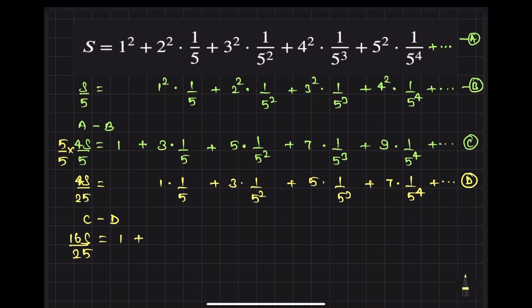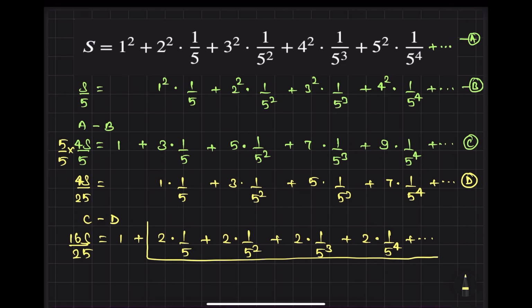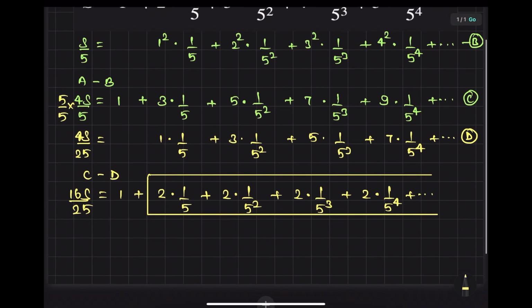So 1 plus 2 times 1 by 5 plus 2 times 1 by 5 squared, 2 times 1 by 5 cubed, 2 times 1 by 5 power 4 dot dot dot. Now if you observe from this part, it's a proper GP, correct? So you can handle this situation.